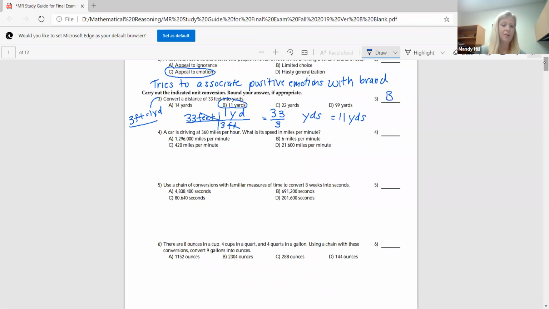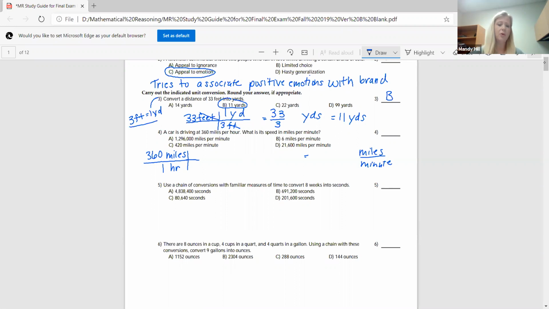A car is driving at 360 miles per hour. What is its speed in miles per minute? Okay, well, we need a couple of things. We're trying to go from 360 miles in 1 hour. And we're wanting our answer to be miles per minute.